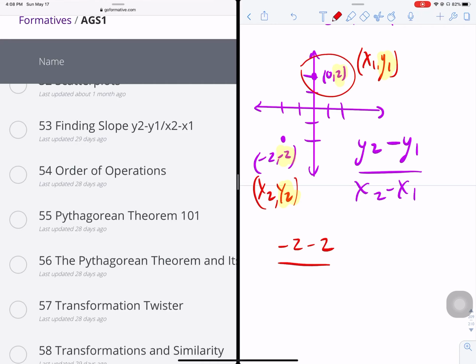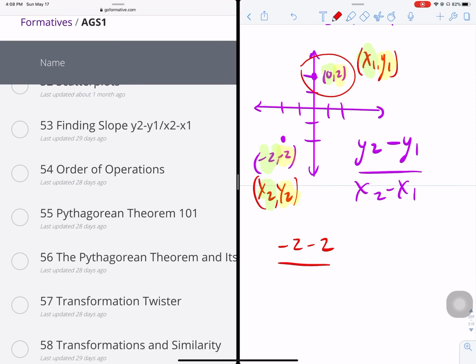Then the next thing would be x2 over x1. x2 is negative 2, and then minus 0. So what do you have here? You have negative 4 over negative 2, and that cancels to 4 over 2, which cancels to just 2, so the slope must be 2 again.